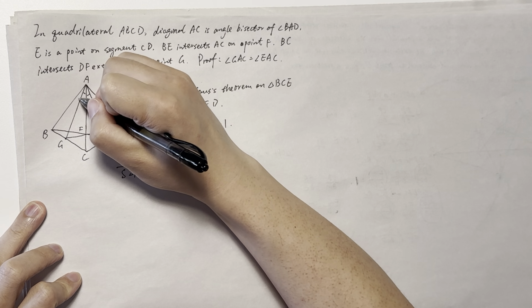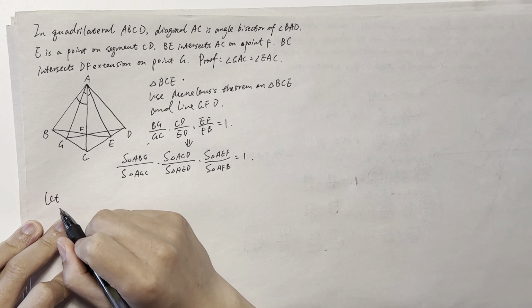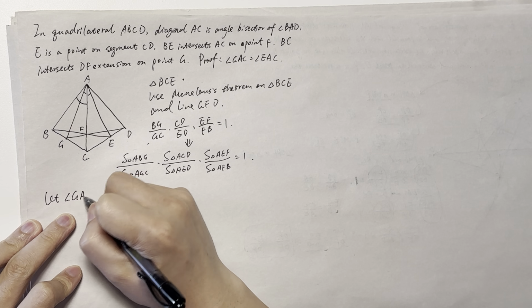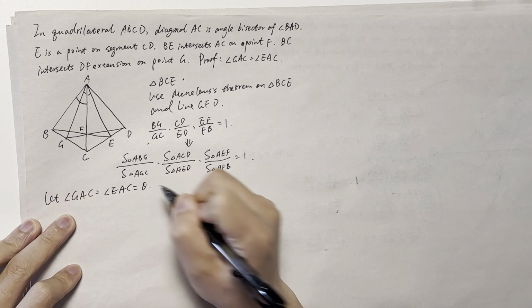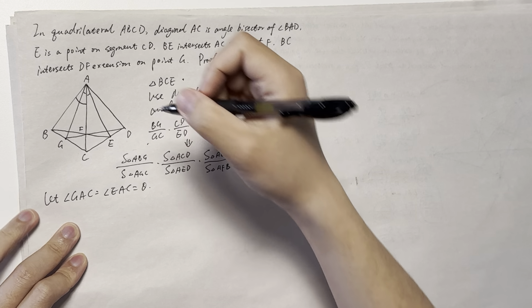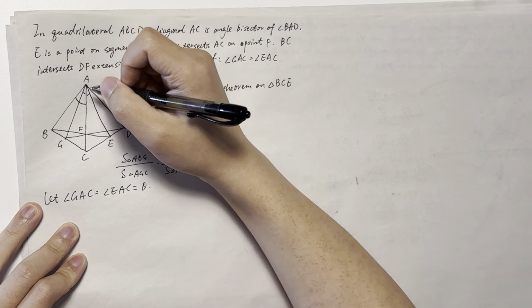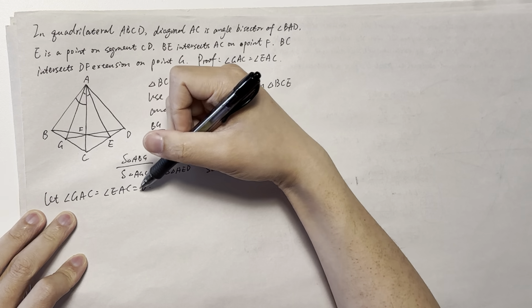Now we can let angle GAC equal angle EAC equal theta. It's easier for us to do the derivation of the following proof. So this is theta.